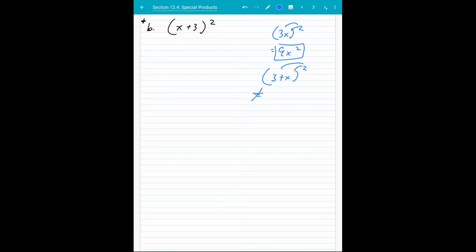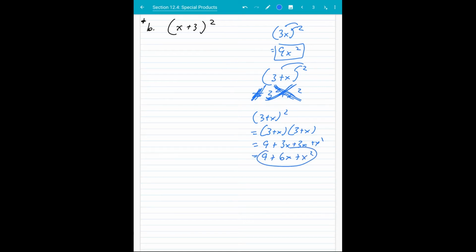It does not equal 3 squared plus x squared. You cannot do that. So this would be wrong. Remember, if it's 3 plus x squared, you've got to expand it to make it 3 plus x times 3 plus x, and then that would give you 9 plus 3x plus 3x plus x squared, and that gives you 9 plus 6x plus x squared as your answer.